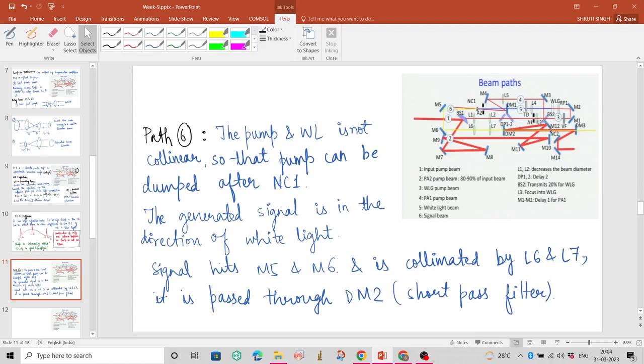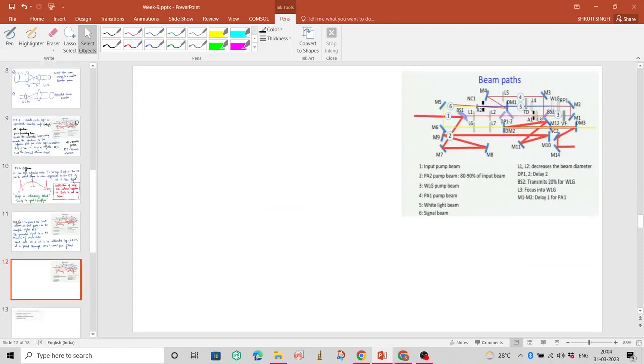So in all this process, let me write the 80% beam. Now we are looking at the path of this beam 2.